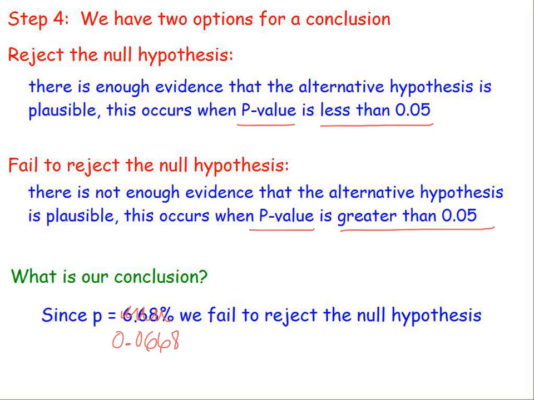So since, you're always going to say, since P equals this number, we either reject or fail to reject the null hypothesis. So now that we've broken the process down step by step, we're going to go through a couple of examples just to make sure you fully understand everything.